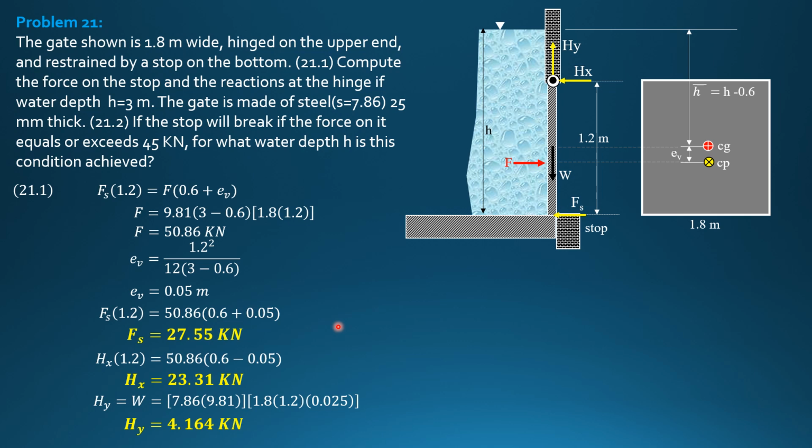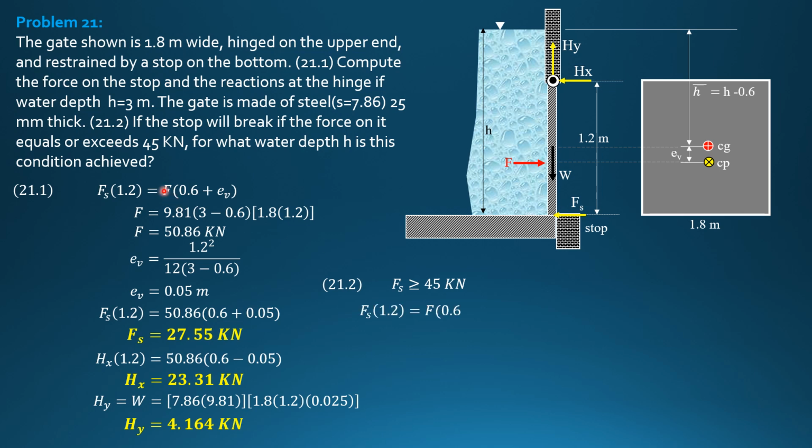In the second part, the stop will break if the force on it equals or exceeds 45 kilonewtons. So Fs is greater than or equal to 45 kilonewtons so that the stop will break. And the working equation is still the same.